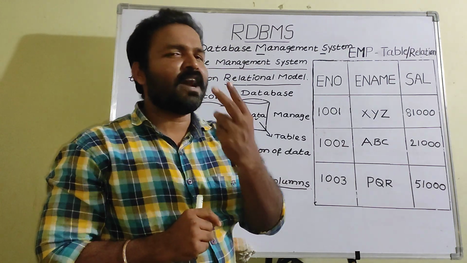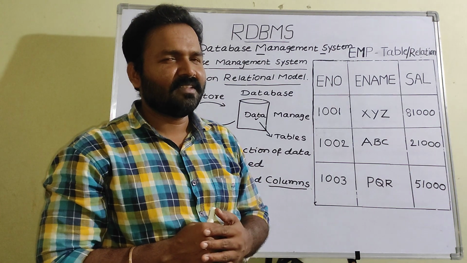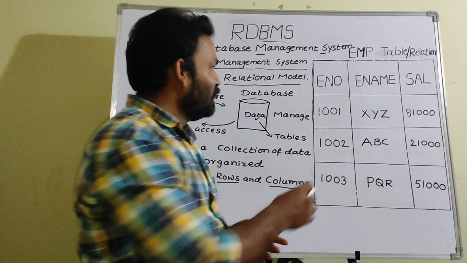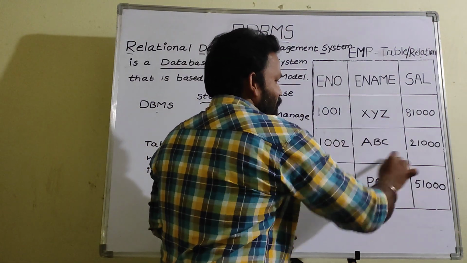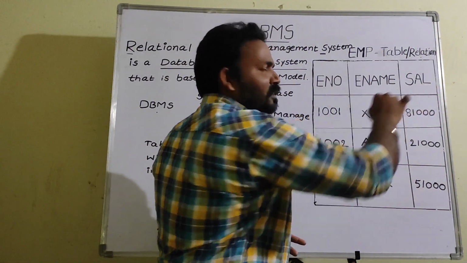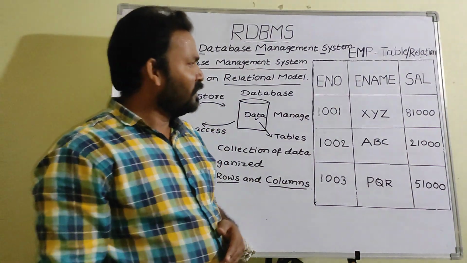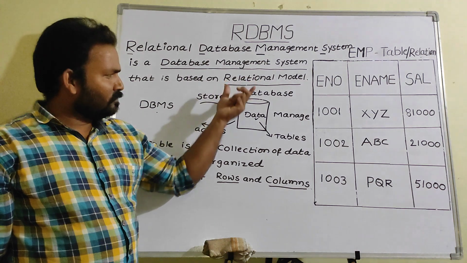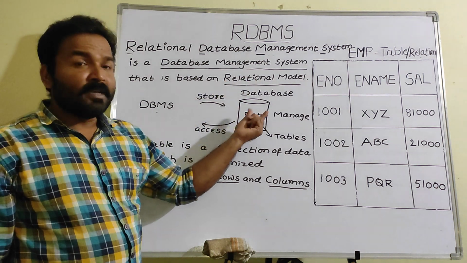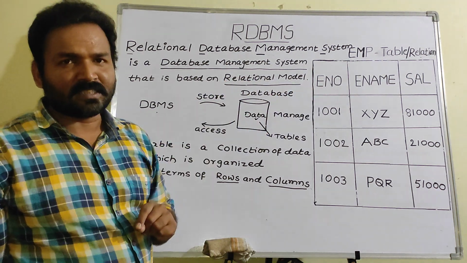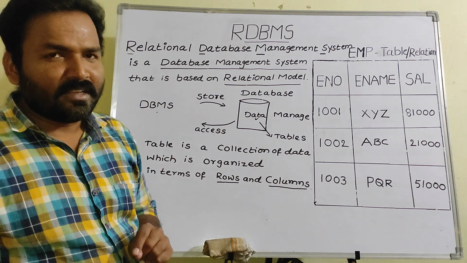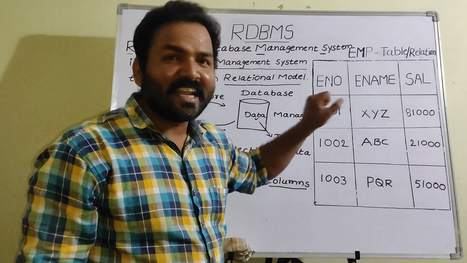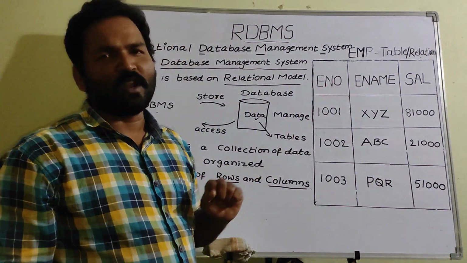Every table will have two dimensions. What are they? Rows and columns. Okay. So clear? In the relational data model, the data will be stored in the form of tables. What is a table? Table is a collection of data which is organized in terms of rows and columns.